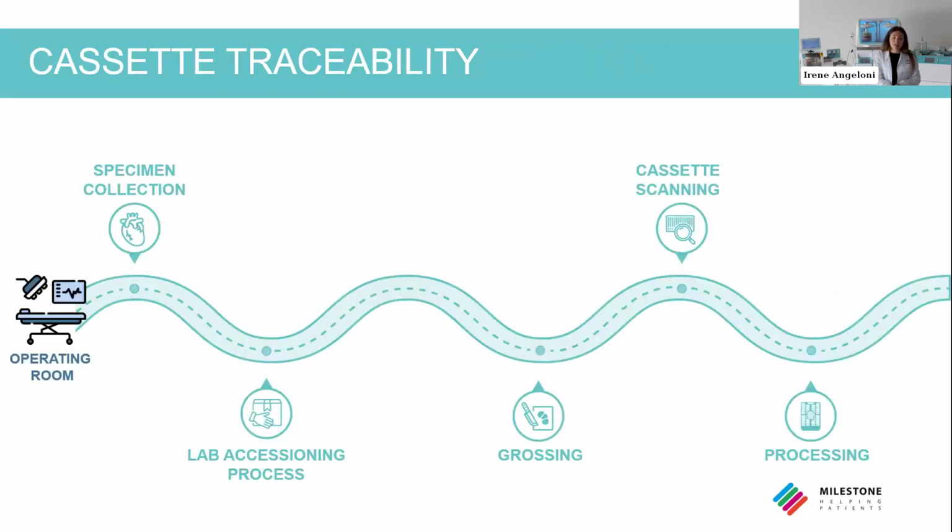In particular, regarding the single cassettes, also considering the rising volume of specimens that we receive, it has become vital to create automated systems that can assist in this step of tracking and managing the workflow of the specimens of the cassette.